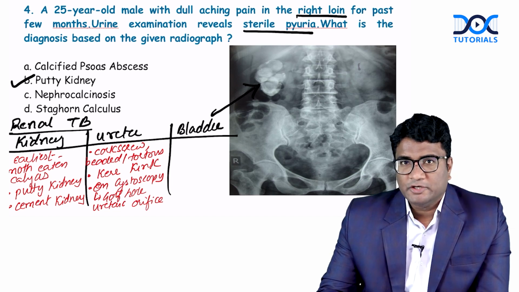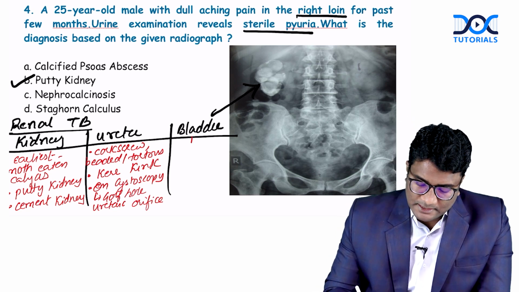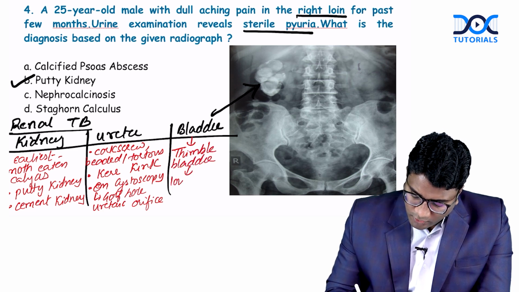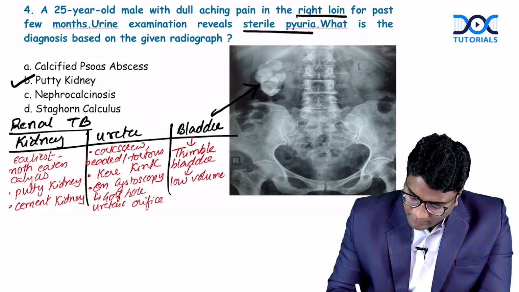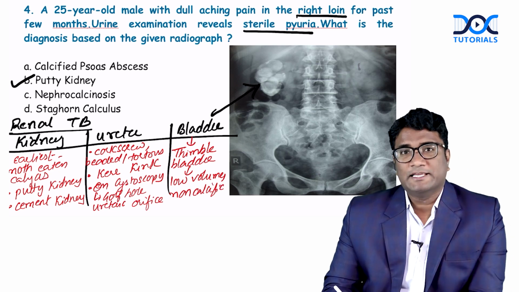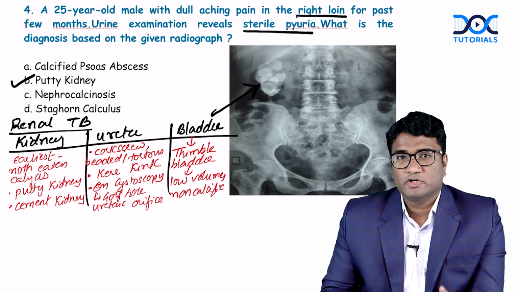Coming to the bladder, you see a low volume shrunken non-calcific bladder that is called a thimble bladder. Please remember, thimble bladder is low volume, shrunken, atrophic, non-calcific. Calcification of the bladder wall is a feature of schistosomiasis, not tuberculosis.